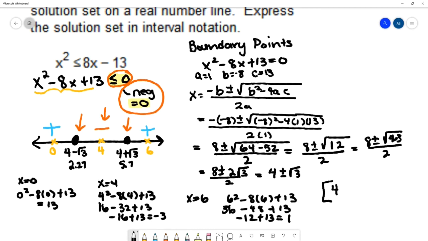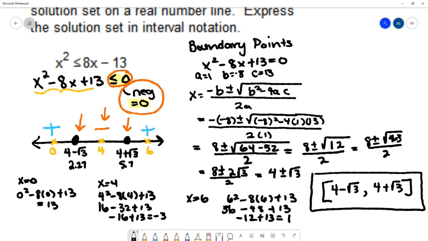We want to use the numbers in the exact form, which is 4 minus square root of 3, because that would be the exact answer. And then we have 4 plus square root of 3. So our solution set for this inequality would be all numbers that are in between 4 minus square root of 3 and 4 plus square root of 3. And I use the brackets to include those boundary points.